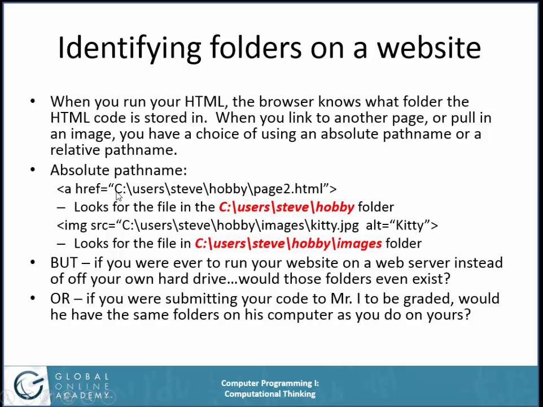And it says, look on my hard drive, which is letter C, in the users directory, the Steve folder, the hobby subfolder, and look for this file. Now, on a Mac, you probably don't have C:, and you're going to use front slashes instead of backslashes. You might have user, your name, your folder, and so on. You could do the same sort of thing with the image. I could have put, look in C:\Users\Steve\hobby\images\kitty.jpg.